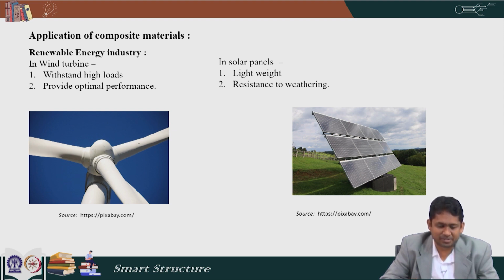So, a material which does not increase the weight too much and gives good performance is very important, and in a wind turbine its pitch control is very important for getting better performance and also reducing the aeroelastic instabilities. So, composite materials are quite helpful for those cases. In solar panels also composite is used due to its lightweight and resistance to weathering.